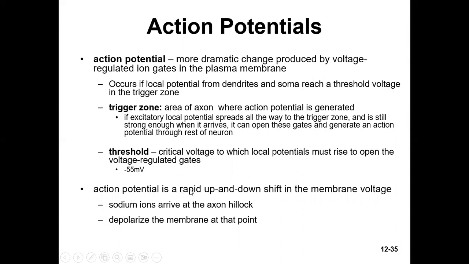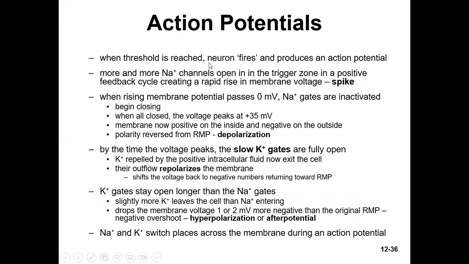So the action potential is a rapid up and down shift in the membrane voltage. Sodium ions will arrive at the hillock and depolarize the membrane at that point. When we have the threshold reached, that negative 55 millivolts, this is when we're going to see the neuron fire and the action potential will be carried.